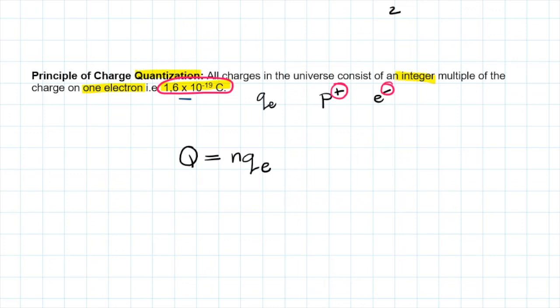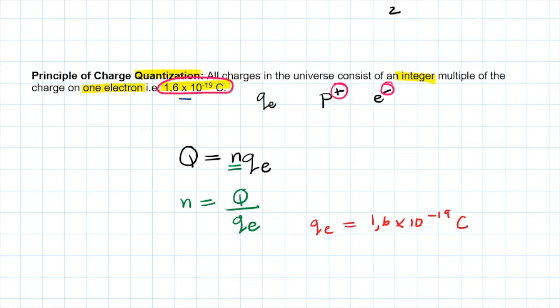We can use this formula to calculate the charge on an object if we know the number of electrons or protons on it in excess, or we can manipulate the formula and say the number of electrons or protons in excess is equal to the charge divided by the elementary charge, where the elementary charge is just given as 1,6 times 10 to the negative 19 coulomb.